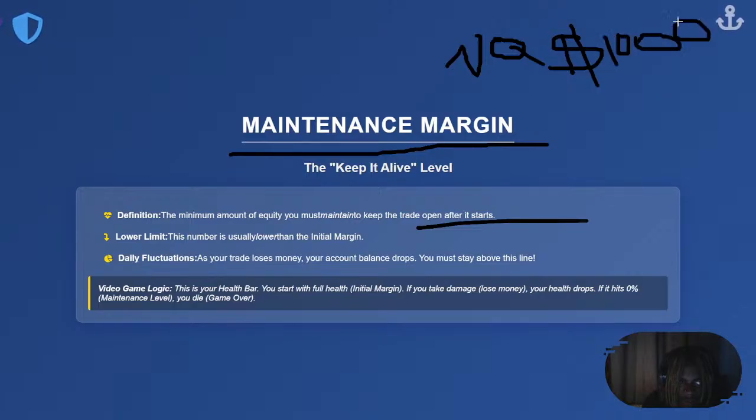The day margin, I believe, is $1,000. So if you're in a trade and your account goes underneath $1,000, then your account has a potential chance to be liquidated, and they would just take all the money underneath that. Your account would be at zero. You do not want that to happen.